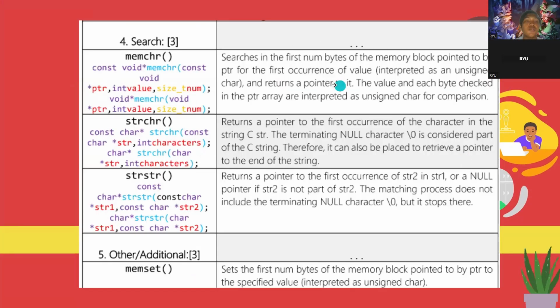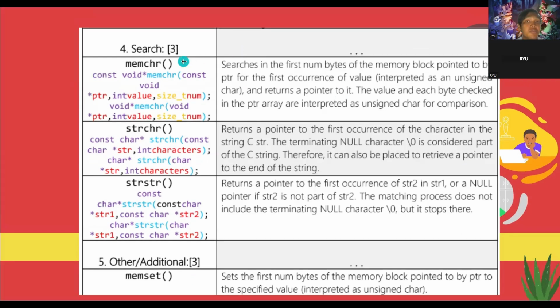Search. We have memchr. memchr searches within the first num bytes of the memory block pointed to by the pointer for the first occurrence of the value interpreted as unsigned char, and returns a pointer to it. The value of each byte checked in the pointed array is interpreted as unsigned char for comparison.